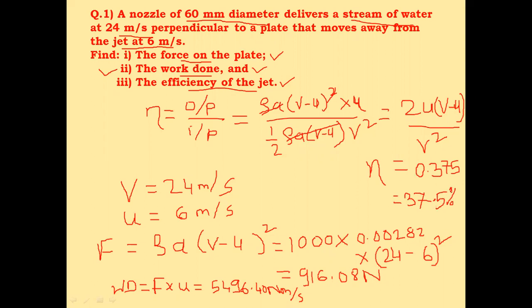That means for each 100% kinetic energy supplied by the jet, only 37.5% energy is being converted to work done. That means the remaining 62.5% of energy is getting destroyed. And that is nothing but the efficiency.